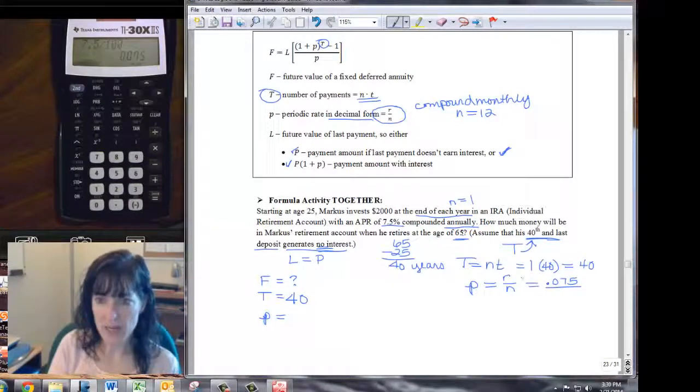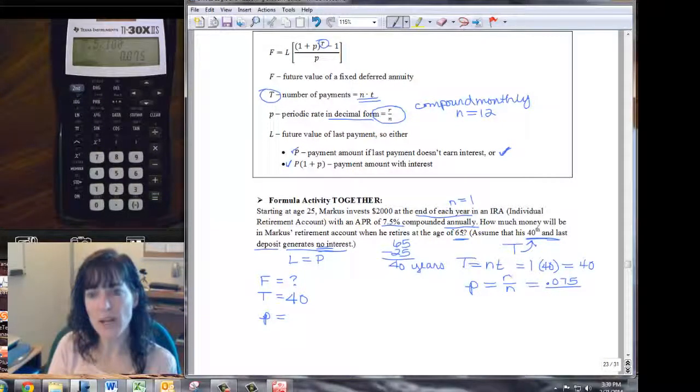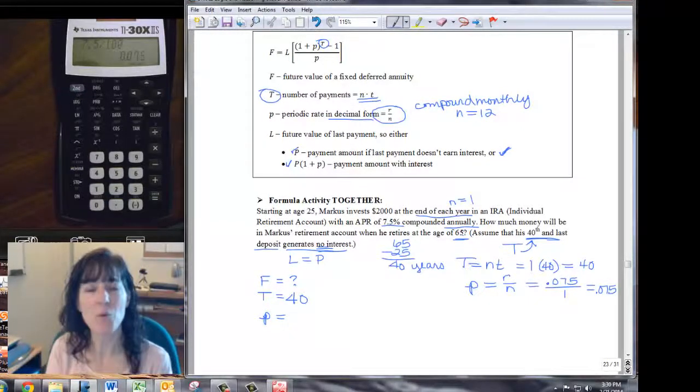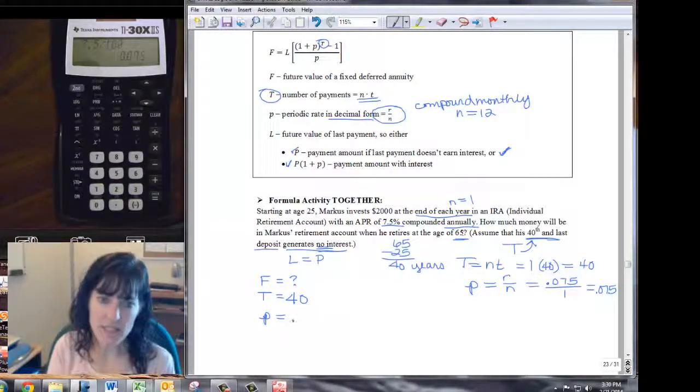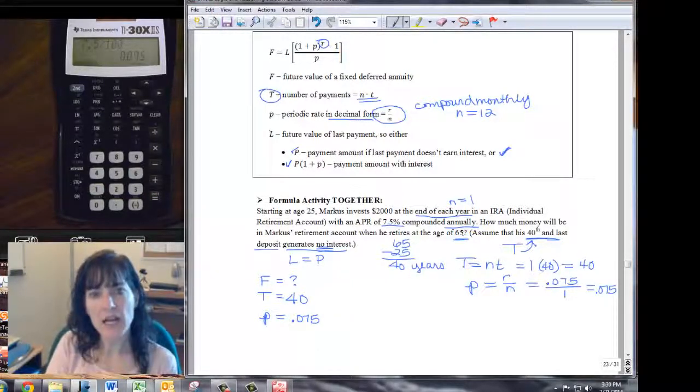So that's my rate. I also need to put it over N, and remember N was annually, so compounded annually, 1 time a year. So it's just going to be 0.075 for my little p. And that's easy enough. I can write that into my formula. And I figured out my L was my P, which is the amount of money that I'm depositing, or my payment amount every year in his case, so it's the $2,000.